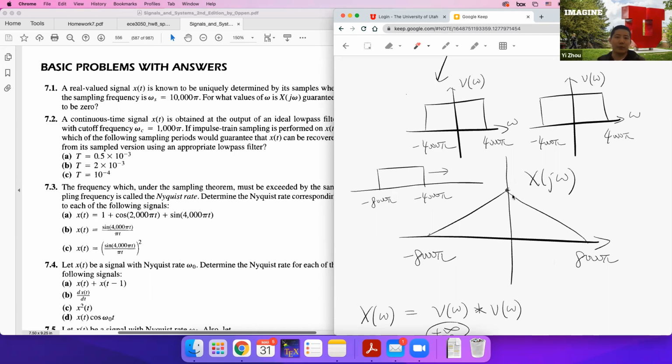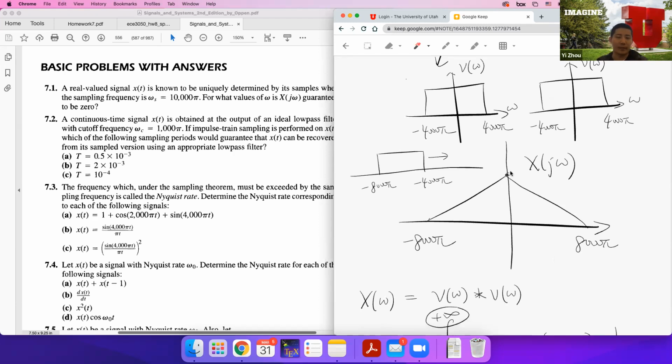This also applies to the discrete convolution. So basically, when you convolve two signals together, they will generate a longer signal whose length equals the sum of the lengths of the two individual signals.